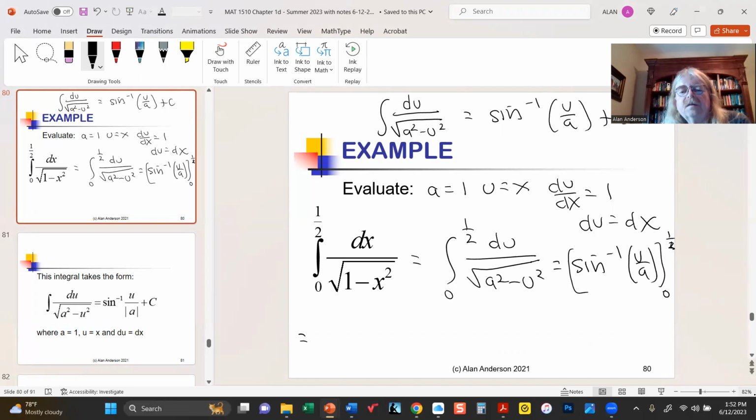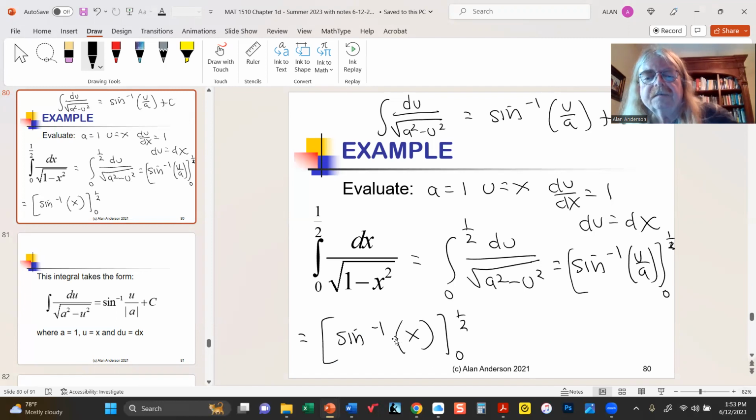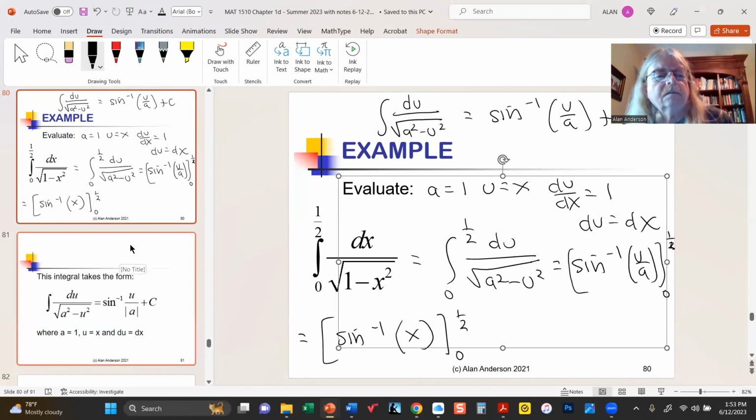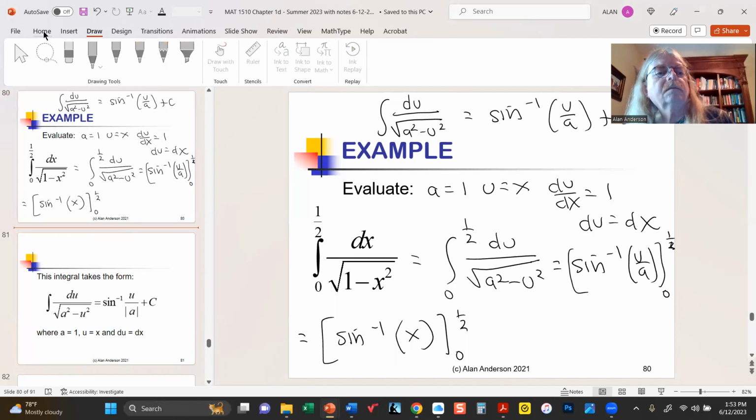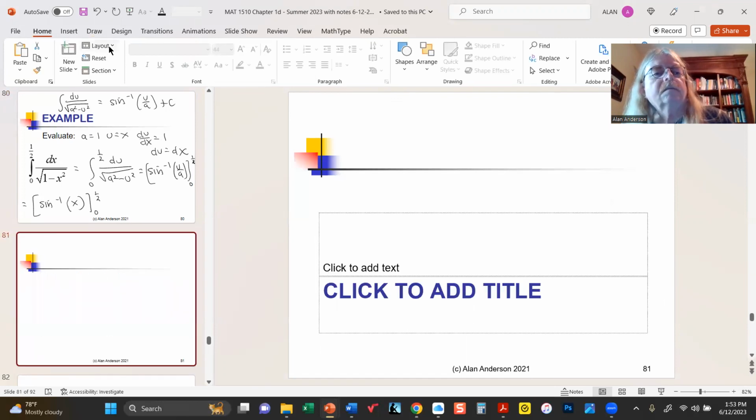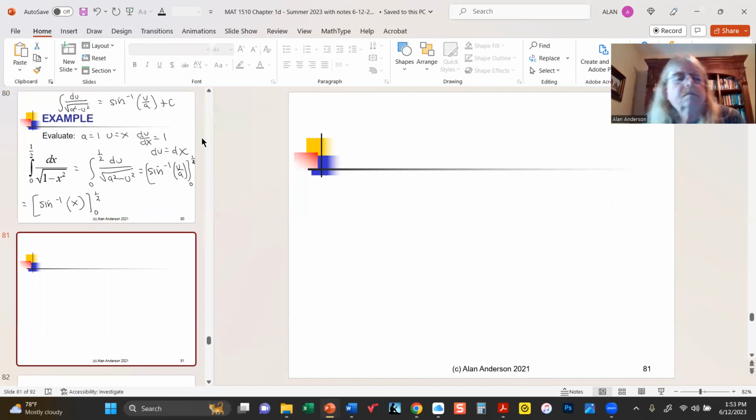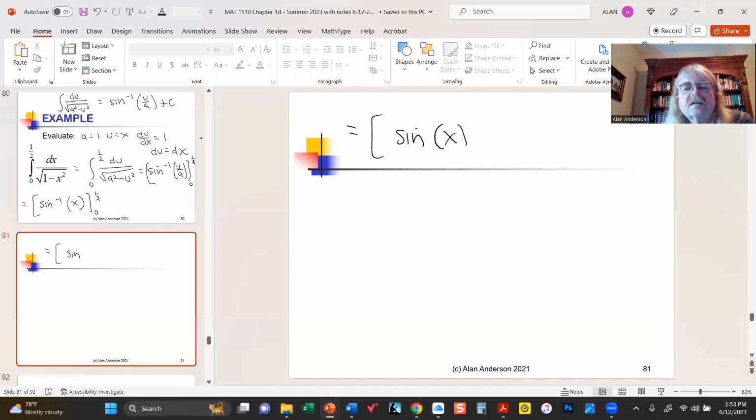Remember, u is, in our case, x, and a is just 1. So we're going to evaluate arcsine x from 0 to 1/2.